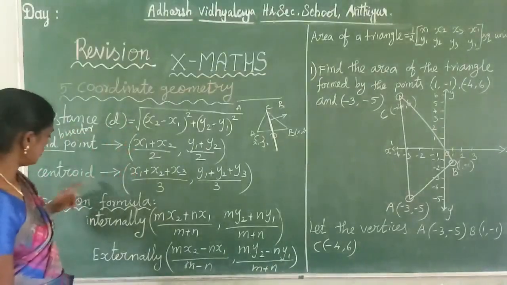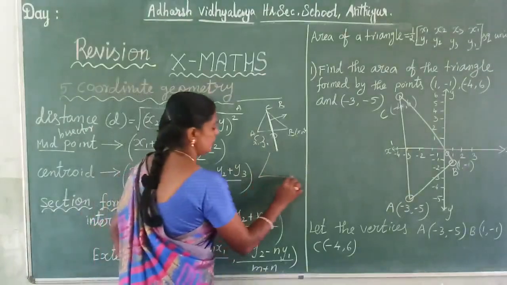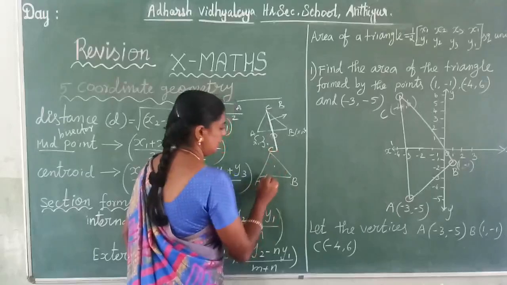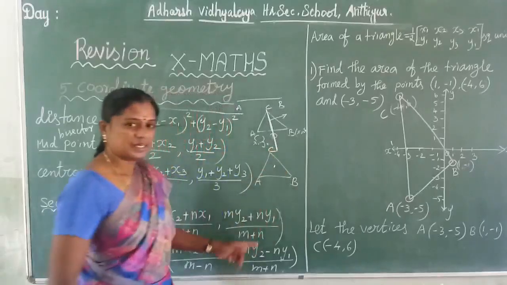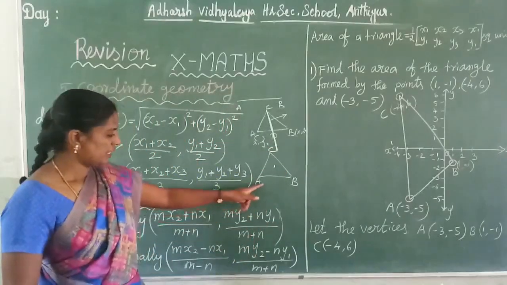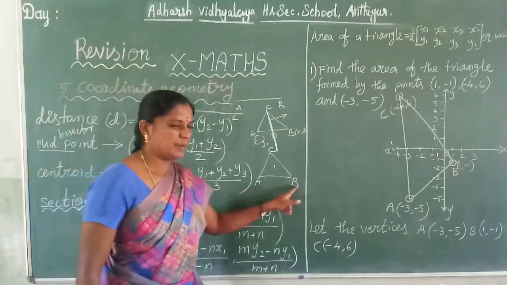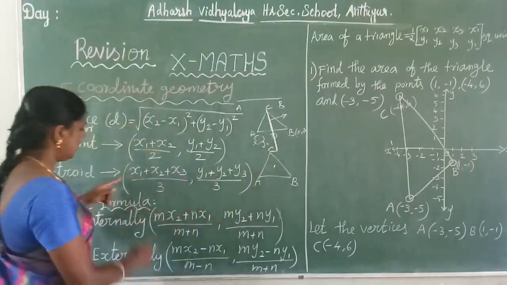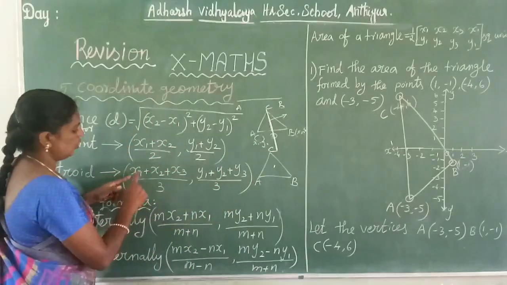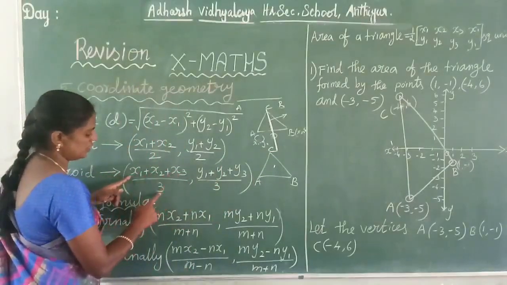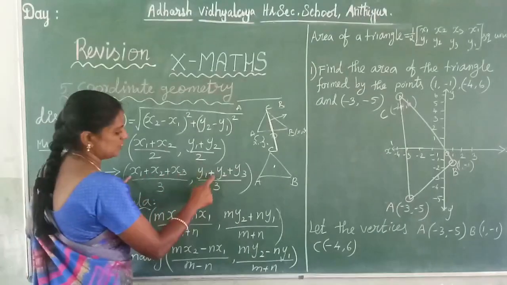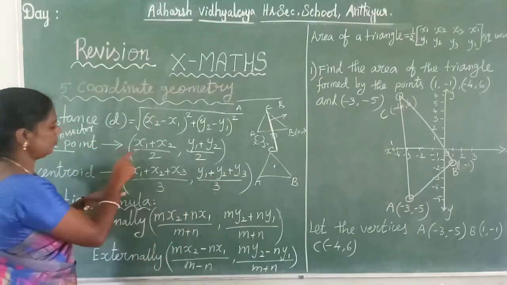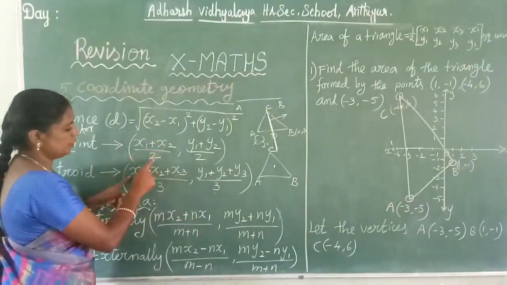Next is centroid, the centroid of the triangle. Here A point, B point, C point are given. How do we find the centroid? A point x1 y1, B point x2 y2, C point x3 y3. Add all the coordinates: x1 plus x2 plus x3 by 3 comma y1 plus y2 plus y3 by 3. Midpoint means 2 points divided by 2.